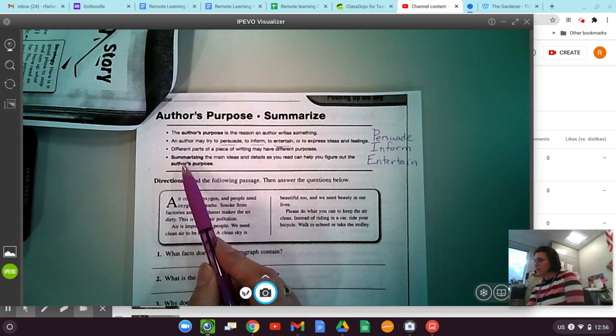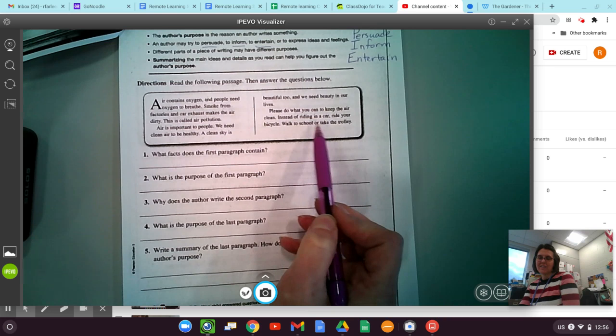We need clean air to be healthy. A clean sky is beautiful too, and we need beauty in our lives. Please do what you can to keep the air clean. Instead of riding in a car, ride your bicycle, walk to school, or take the trolley. Trolley, kind of like a bus. Not exactly. It's tied to a line.